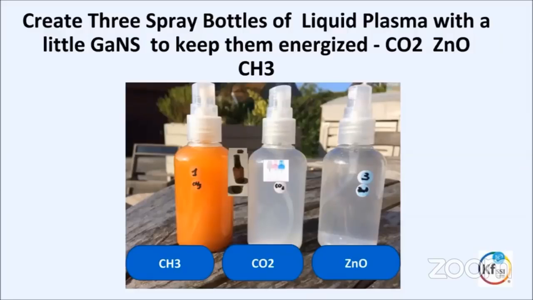One bottle would contain CH3 liquid plasma plus a little of its GANs. The second bottle contains CO2 and a little of its GANs. And the third spray bottle contains zinc oxide, also with a little of its own GANs in it.